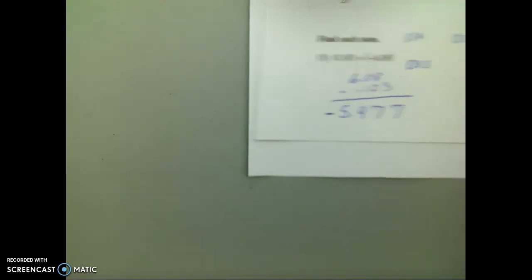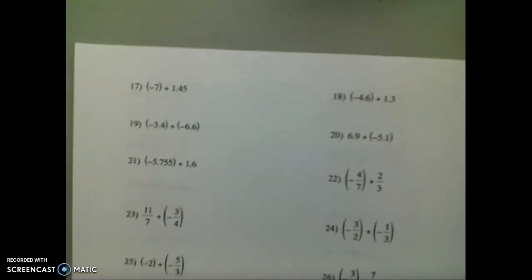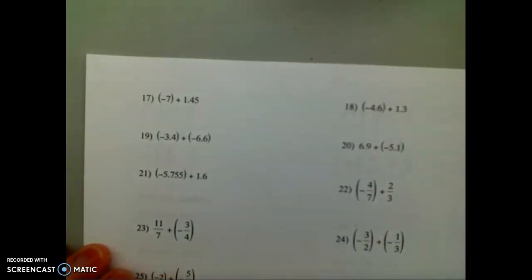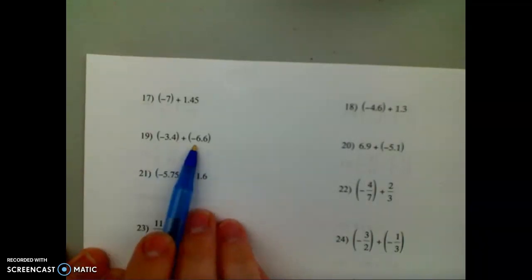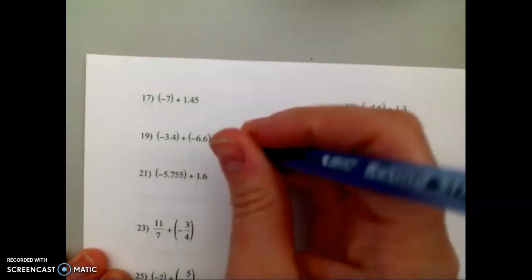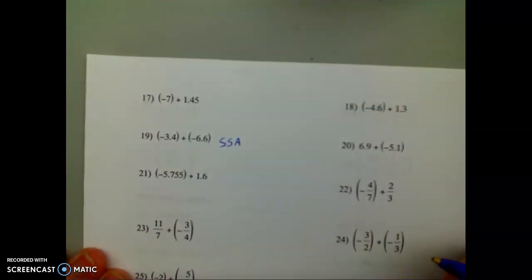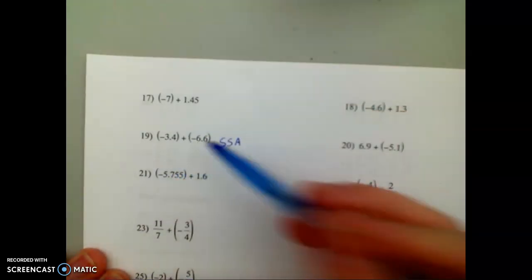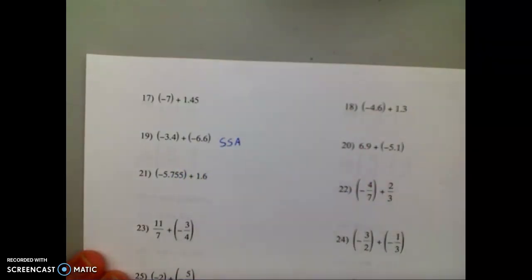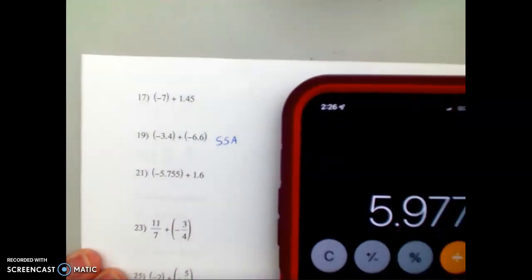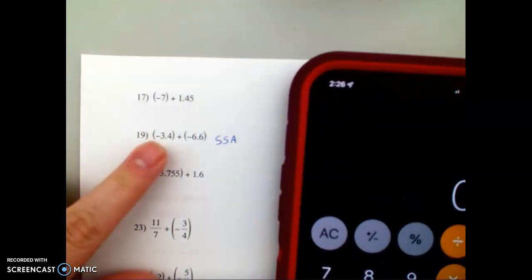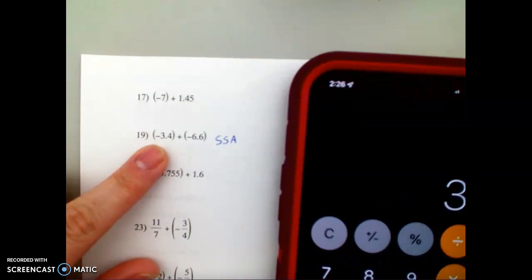Let's see if we can find a same signs add on this worksheet. Oh, I see one on number 19. They're both negatives. That means these are same signs add. So I'm going to go ahead and just add these two numbers together. Again, I'm going to use the help of my calculator because I can. I'm going to type in 3.4 and 6.6.